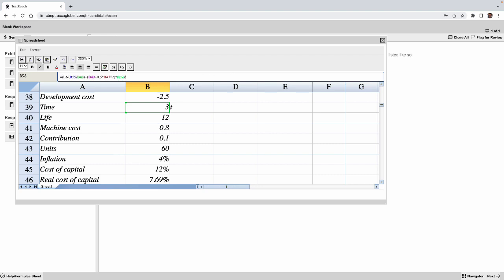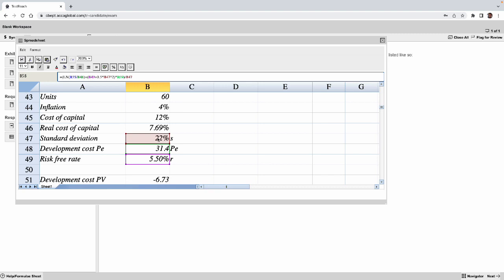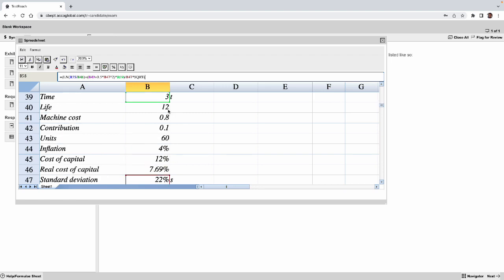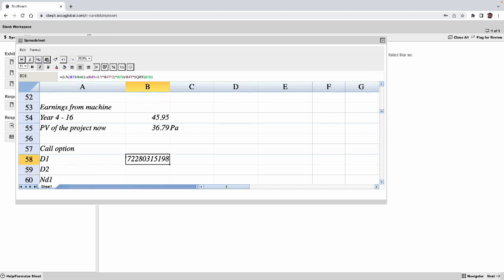So divide it by... something went wrong here.